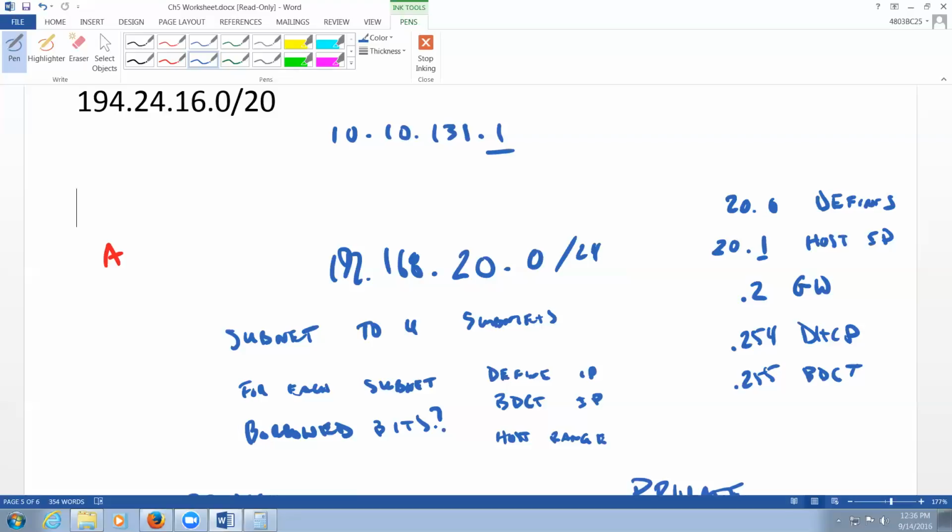So, we want 4, 47. The last number will always be, you have, but always going to have a range of zero.